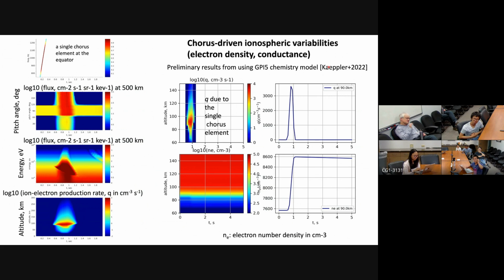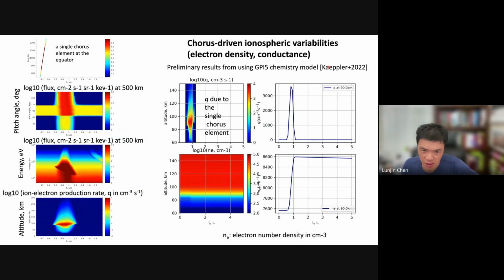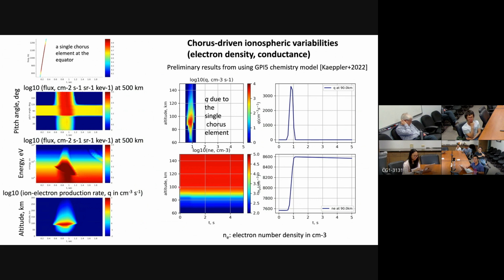What do you use? You mentioned it's IRI, just an empirical model, right? The initial condition, right? But I guess it's worth investigating if we can combine this tool with the WACCM-X global atmosphere model to see more general impact.